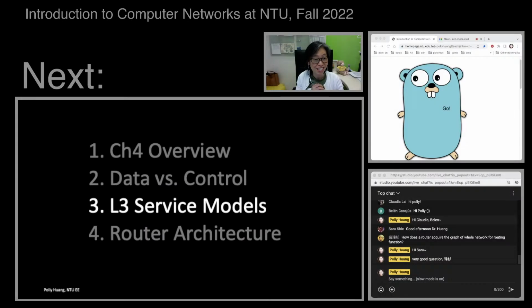So in a router, you have the control plane doing the intelligent routing function, and then the data plane doing the very fast, high-speed data forwarding. This is the internet's model. Traditionally, there are two kinds of models for the network layer, how we pass data around. The network layer is also nicknamed layer 3. So in the next video, let's check out the different models of doing L3.